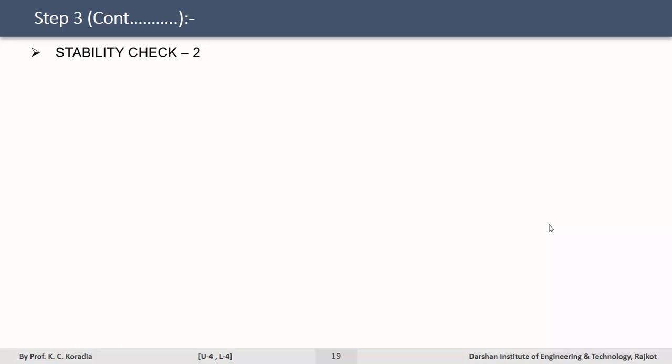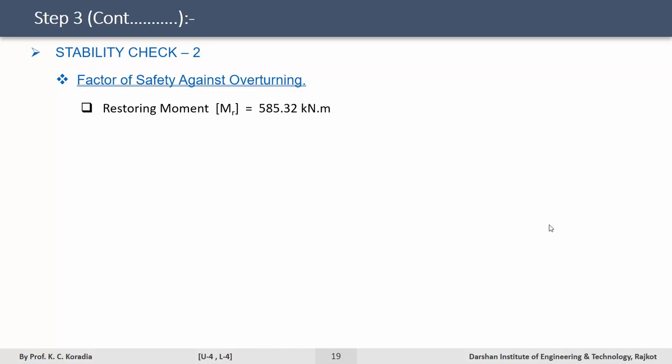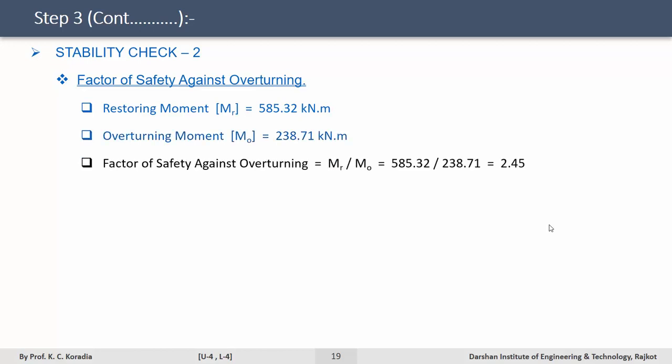Our stability check number 2 is the factor of safety against overturning. We have derived a restoring moment MR as 585.32 kilonewton meter. Again, overturning moment is also derived from our previous slide, that is MO is 238.71 kilonewton meter. Factor of safety against overturning is nothing but the ratio of restoring moment to overturning moment.